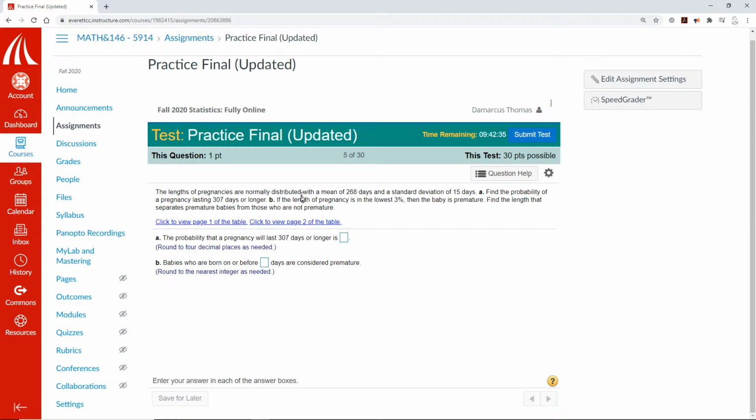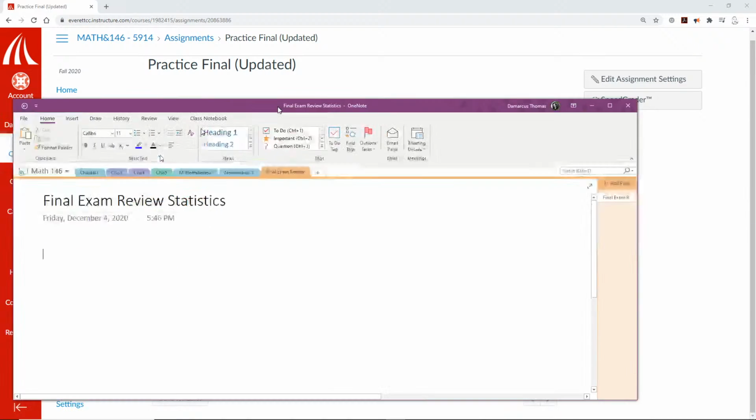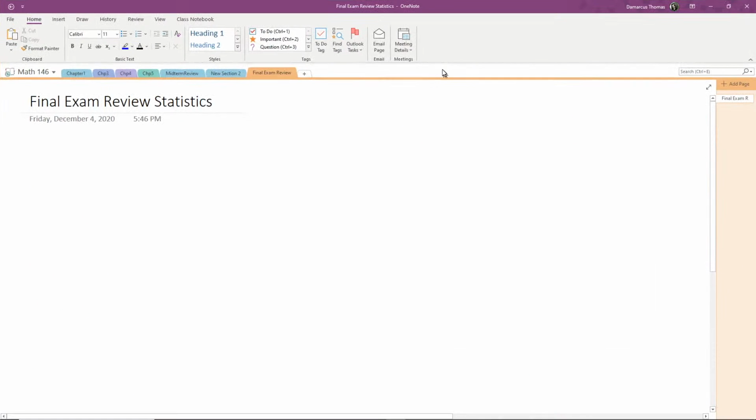Now, because they don't give us a picture or an image, the first thing we should do is create our own image. So that's what I'm going to do. I'm going to pull up some notes here, and let's write this out.